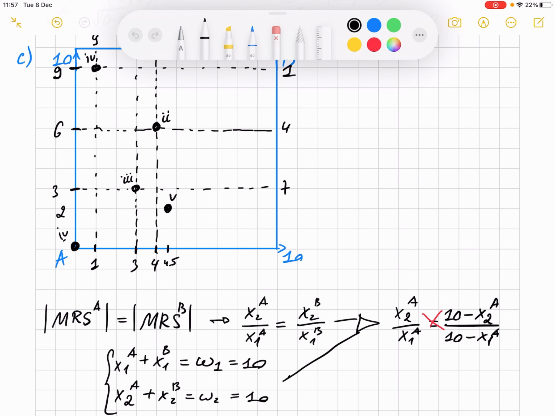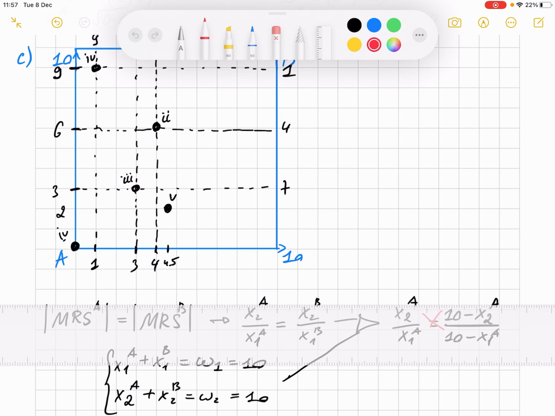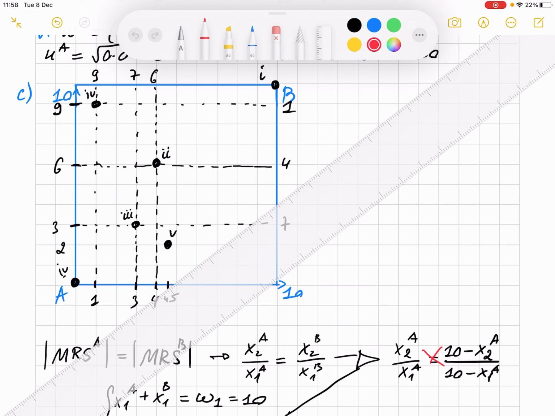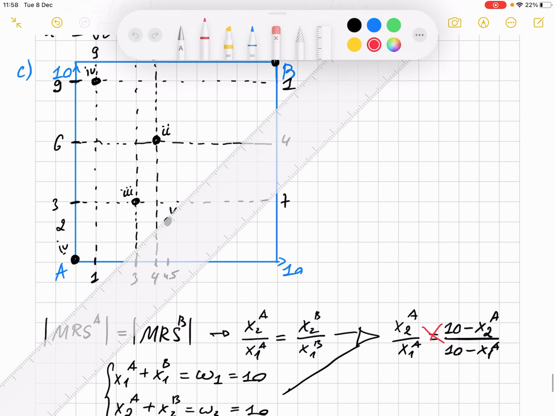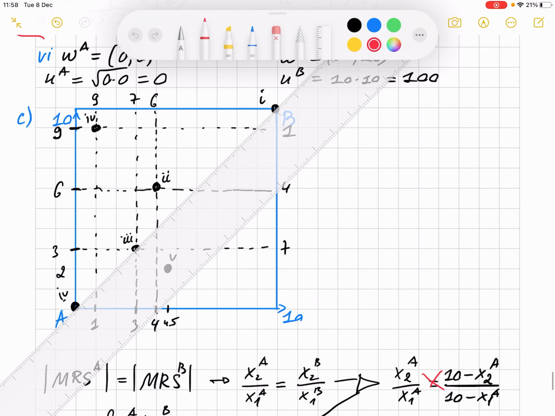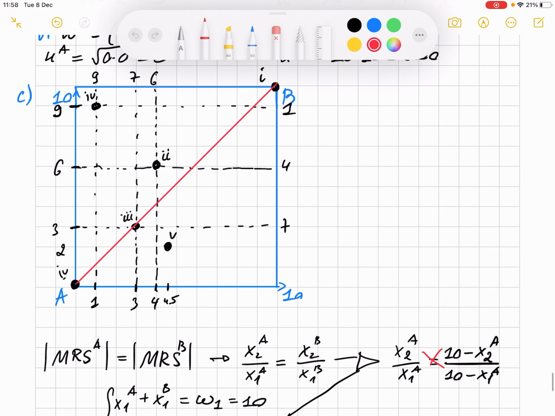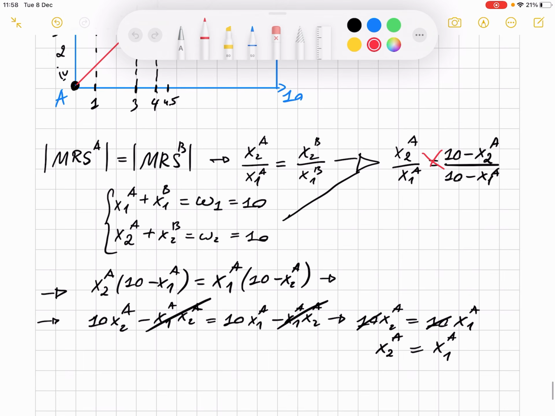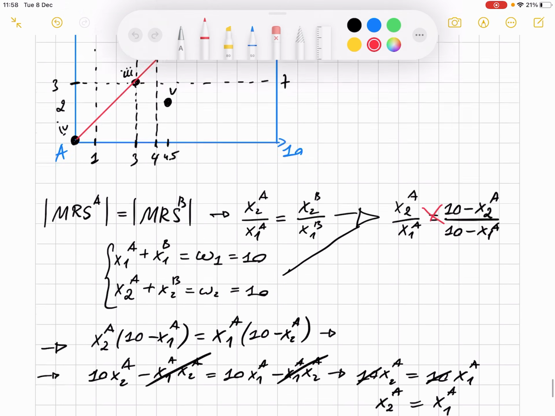So the Pareto set is when the consumption is proportional, when A consumes equal quantities of good 1 and good 2, and the same for B.